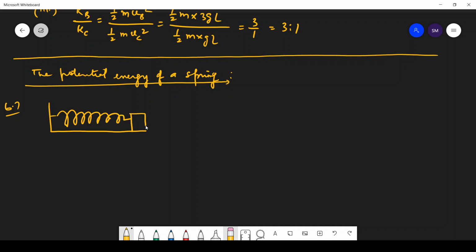And this spring is connected with this body. This is my mean position, so there is no displacement. So x equals 0, and there is no spring force. Now I have stretched the spring.